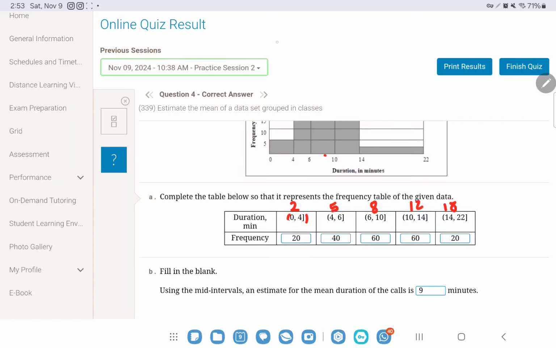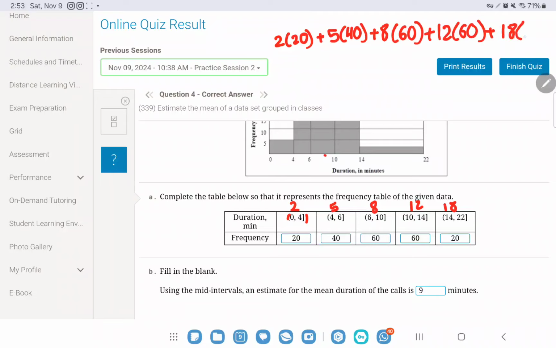So we do 2 into 20 plus 5 into 40 plus 8 into 60 plus 12 into 60 plus 18 into 20, then you're gonna put all of this over the sum of the frequencies.